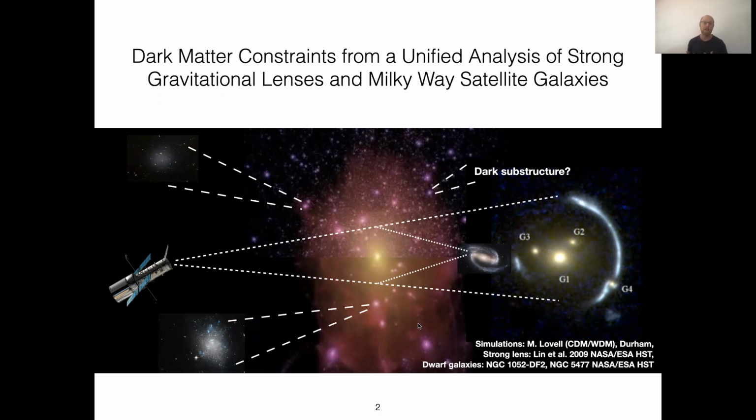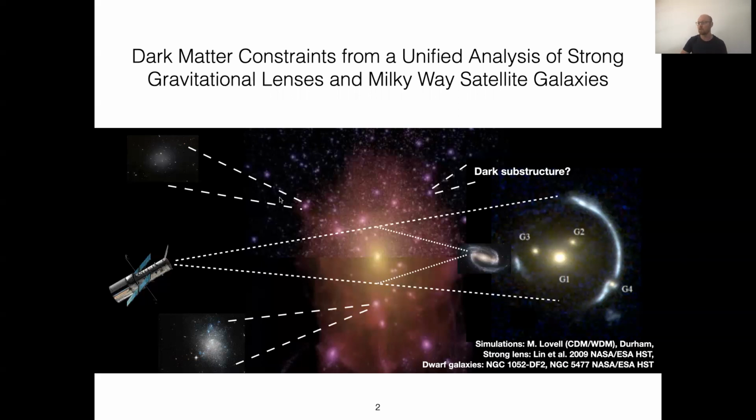And we aim here to combine different cosmological probes, in particular strong gravitational lensing on one side, and on the other side, dwarf galaxies in our Milky Way, to get a coherent picture emerging of not just the luminous parts that we see, where we see the stellar light, but also to detect the dark clumps in the universe, where there are no stars.